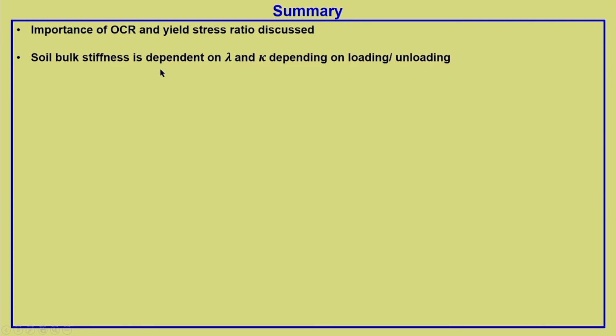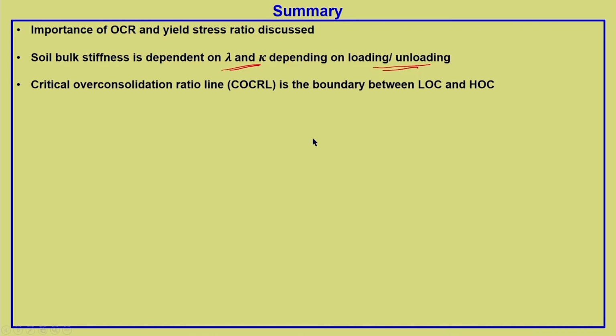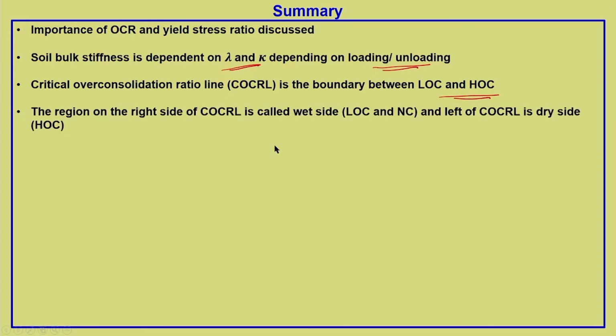Soil bulk stiffness is dependent on lambda and kappa depending on whether it is loading or unloading, and hence it is not a fundamental parameter. The critical over consolidation ratio line is the boundary between LOC and HOC. The region on the right side of the COCRL is called the wet side and the left is the dry side, which is heavily over consolidated.